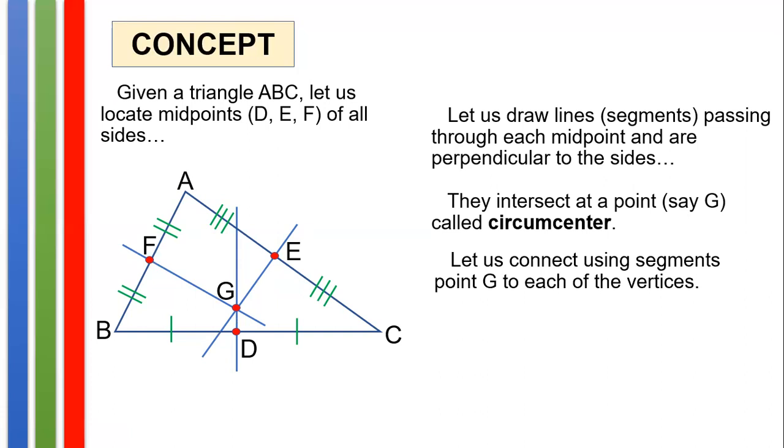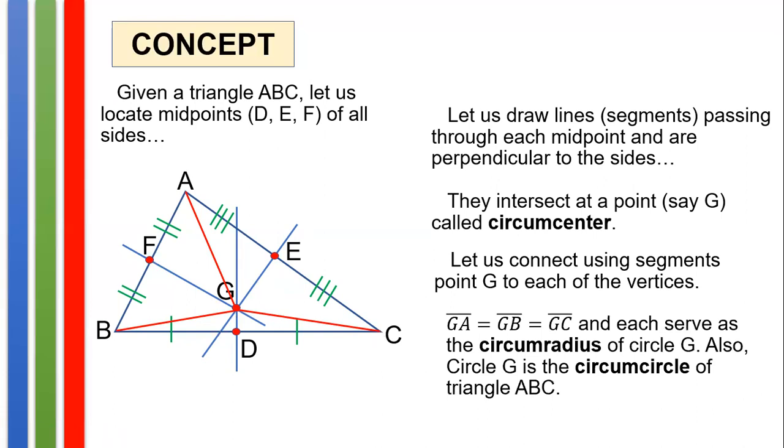Let us connect, using segments, point G to each of the vertices. So we have segment GA, segment GB, and segment GC. It is also important to note that the point G, or the circumcenter, is in fact equidistant to all three vertices.